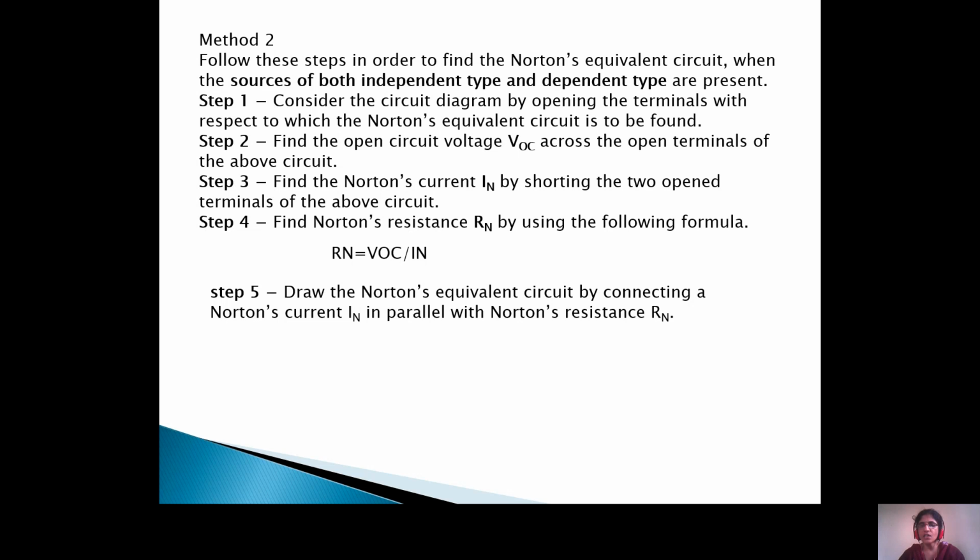Draw the Norton's equivalent circuit by connecting Norton's current IN in parallel with the Norton resistance and RL. This is the procedure when both independent and dependent types are present.